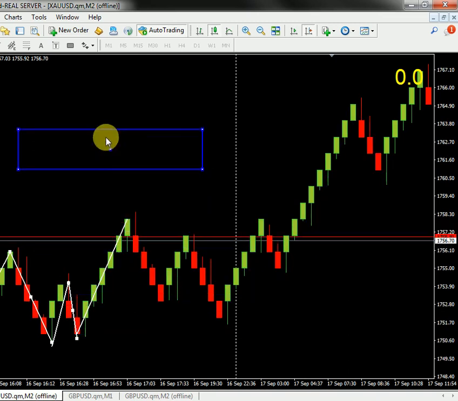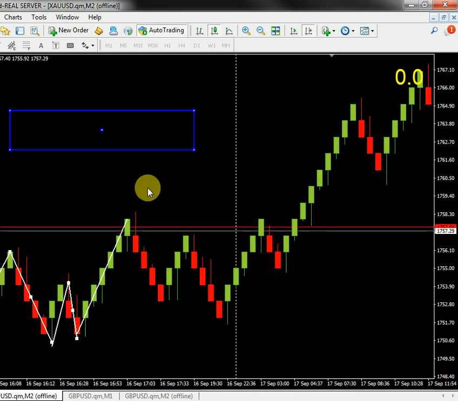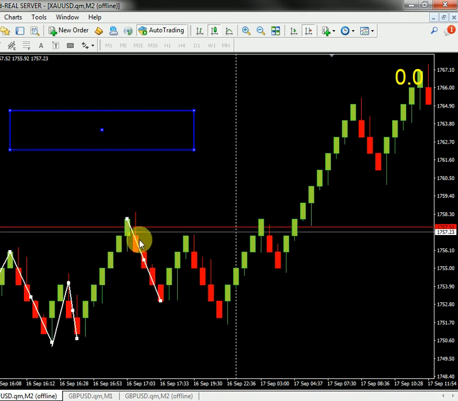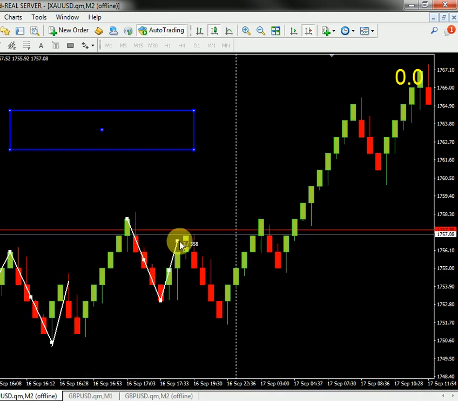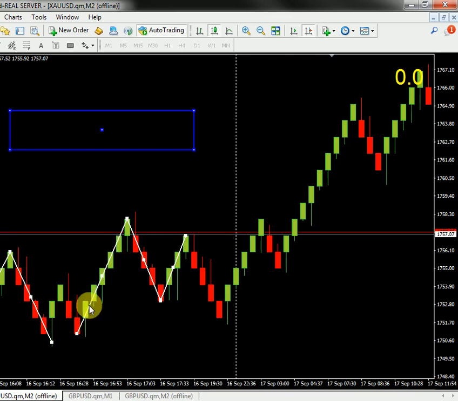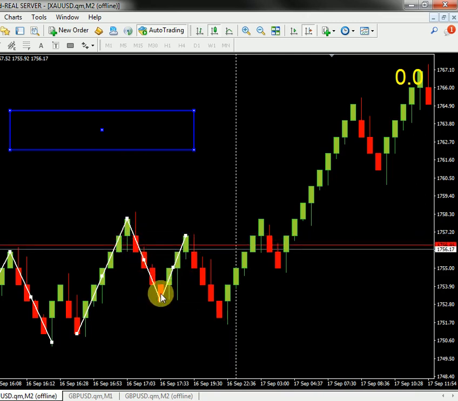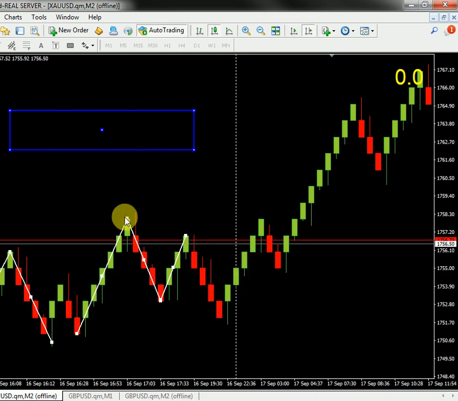Now let's look at an example of a normal setup. Here you see the price moving down and then moving up. If we look here first, this movement we call A and this pullback B, and we wait for C to happen, but in this case C did not happen because the price did not break this high.